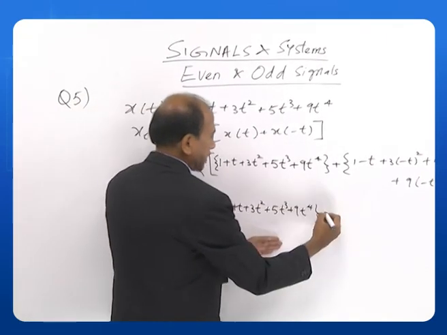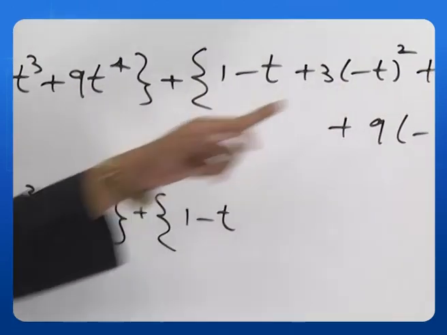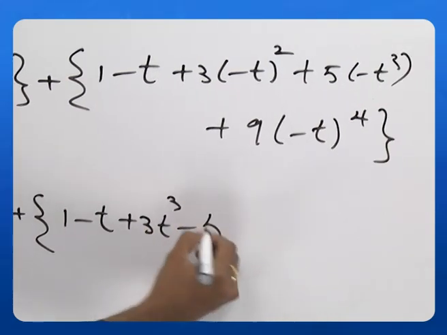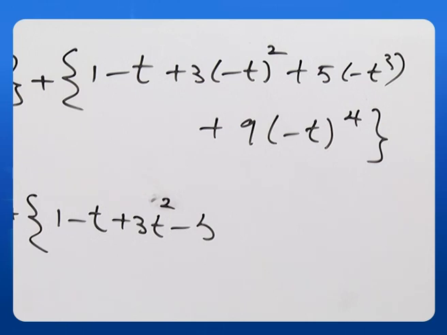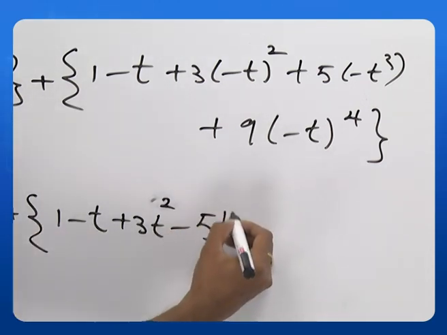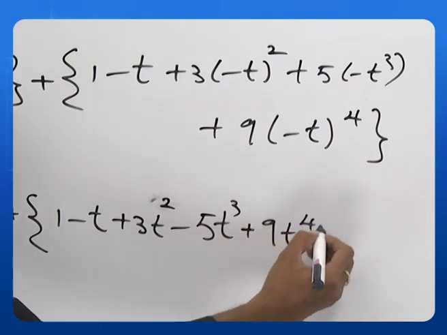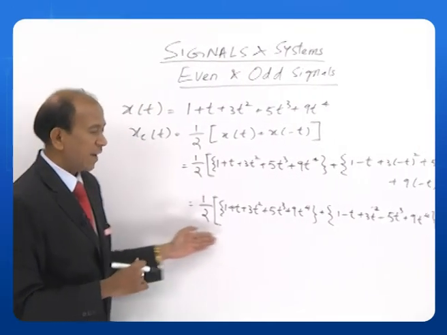Plus this one will become how much now? 1 minus t, this is plus, 3t square, minus 5t cube, plus 9t to the power of 4. So, now we will add this.